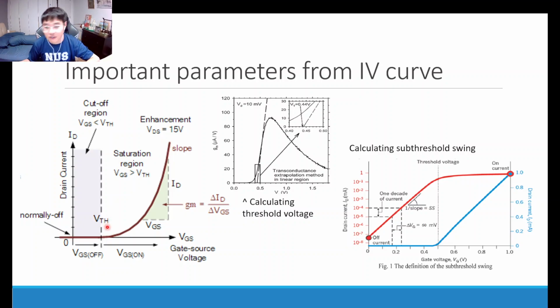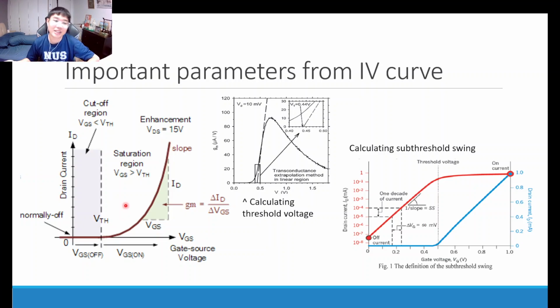So of course, the most straightforward case is to just set a certain threshold level, say that when the drain current exceeds 0.1 millivolts, for example, or whatever, then that will be defined as your threshold voltage, the voltage where the drain current exceeds this predefined, user-defined threshold level.